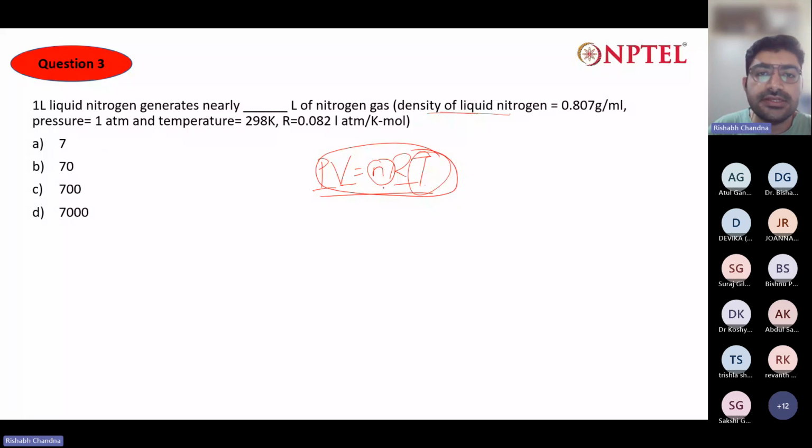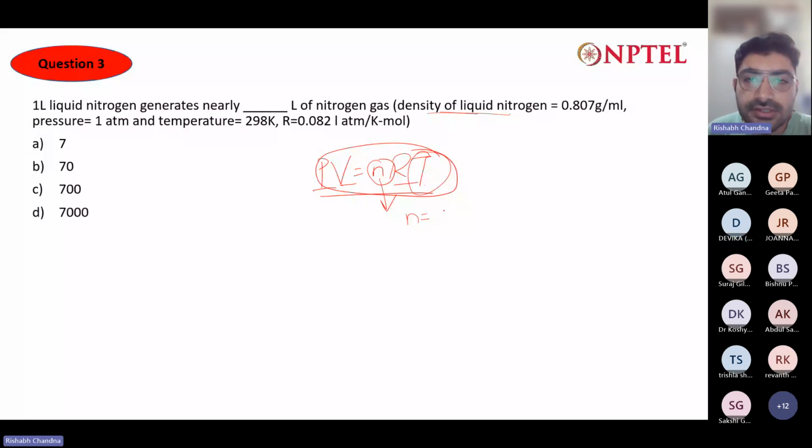From this density, we'll calculate the number of moles that we have. n is equal to m by M. We will calculate volume, then finally substitute the values, 0.807, 2.8, all those values, and we will finally get the volume.